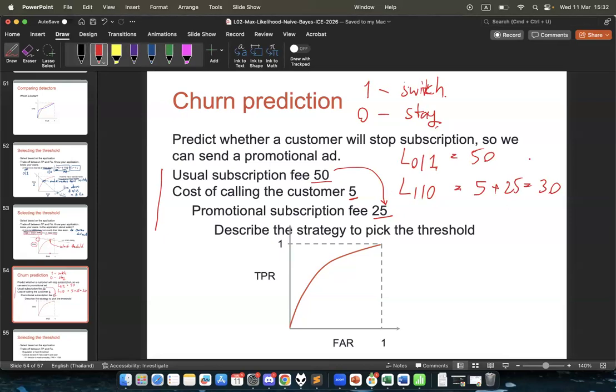All right, so this is the cost. How do we pick the threshold according to this cost structure? So this is the cost of a miss, and this is the cost of a false alarm.